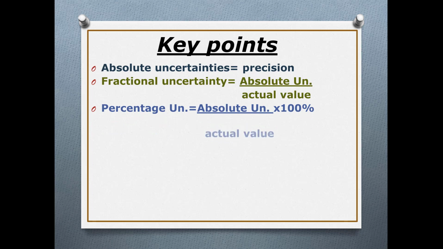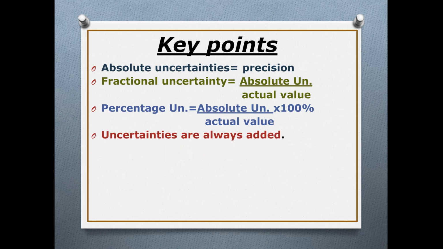The formula for percentage uncertainty is absolute uncertainty over actual value multiplied by 100%. Absolute uncertainty tells us about the precision and percentage uncertainty tells us about the accuracy. If percentage uncertainty is less, the result is more accurate. Absolute uncertainty is equal to least count, and if the least count is smaller, then a more precise value is there.